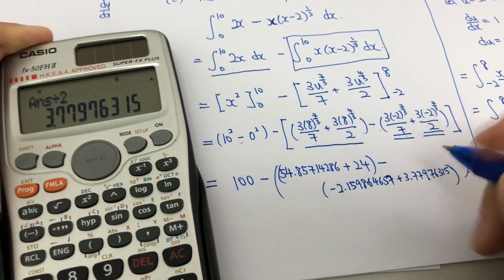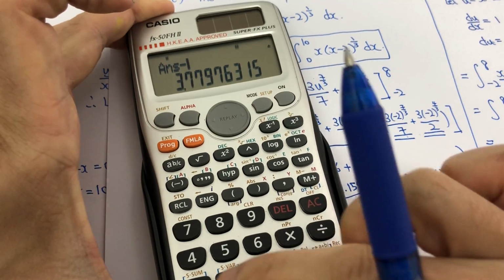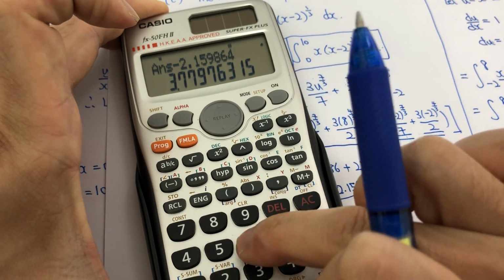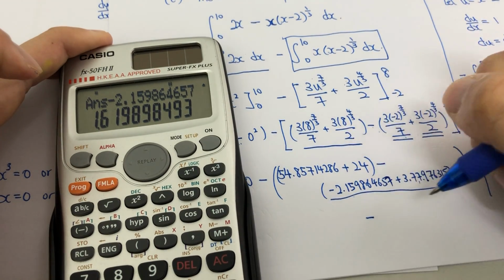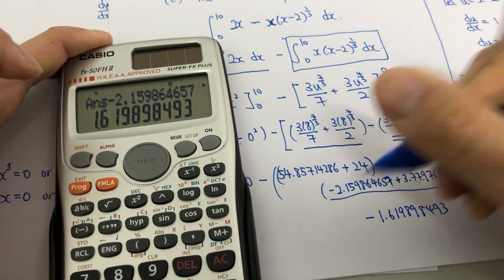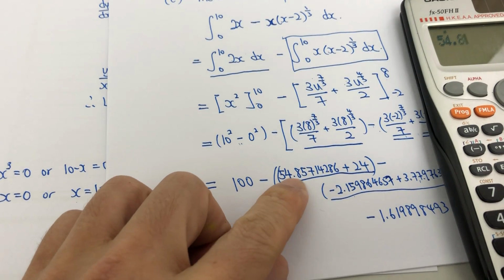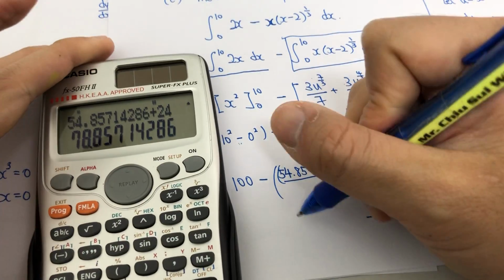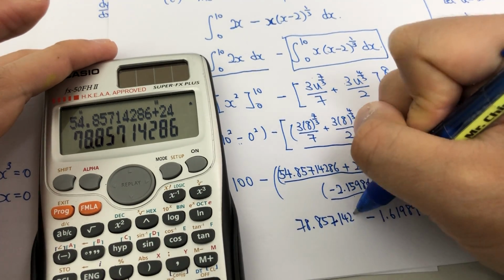Okay, so this number minus 2.159864657 becomes 1.619898493, and then the previous part should be 54.8571428 plus 24, 78.8571428.